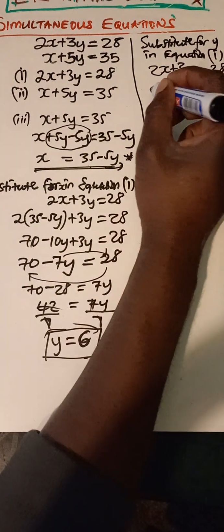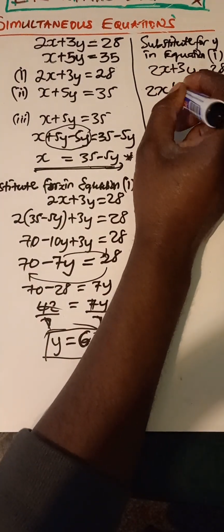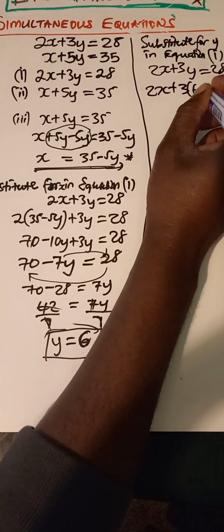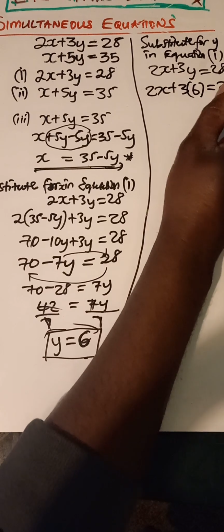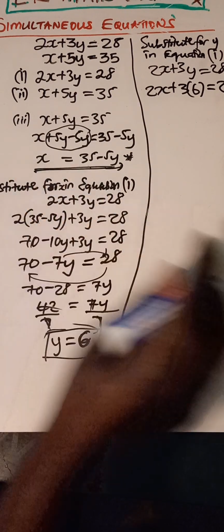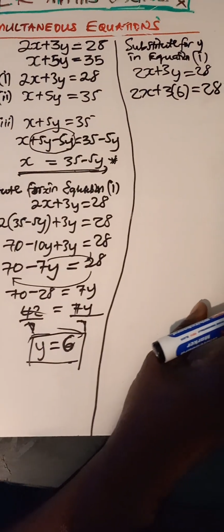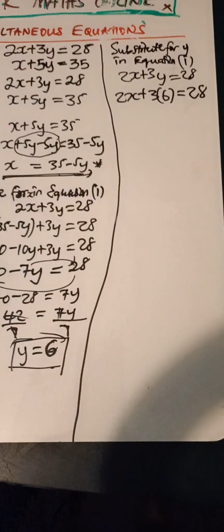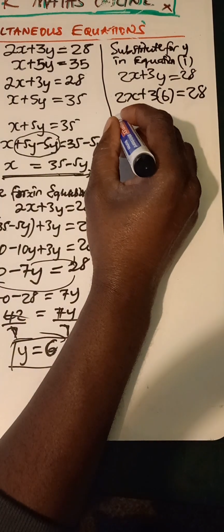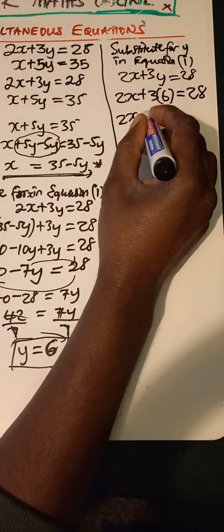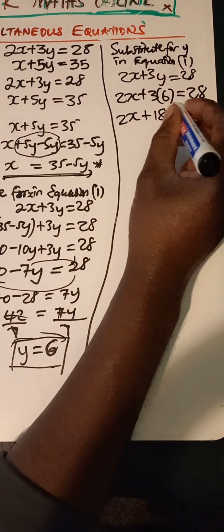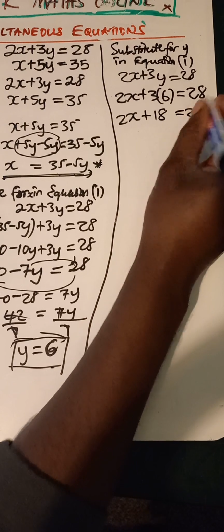So let's substitute. It will be 2x plus 3 multiplied by 6 is equal to 28. So this is how it's going to look now. So let's quickly simplify. It will be 2x plus 18 is equal to 28.